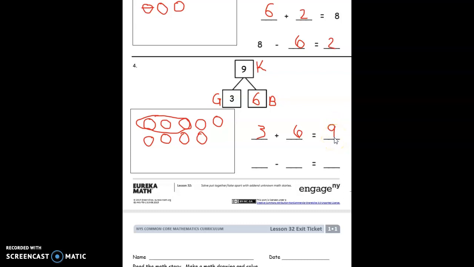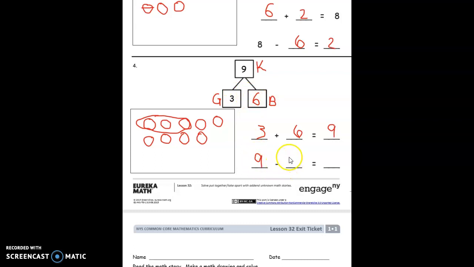9. Look at your subtraction problem. What is the first thing you need to do? Yes, we need to fill in this first number, and that number is the total amount of kids, our biggest number. Which number is our biggest number, or the total amount of kids? 9.